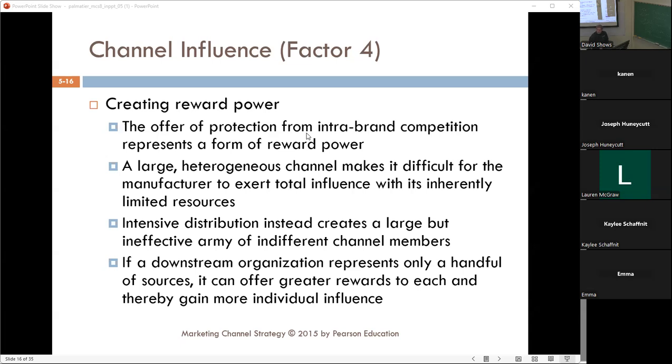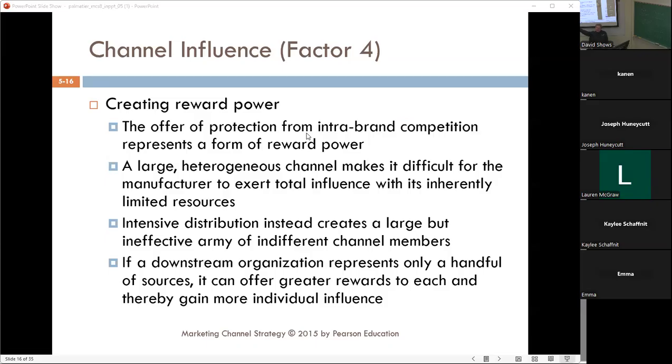One of the rewards for a particular group might be that I say, okay, I'm willing to select you as a vendor. But it's a big reward, and it also allows the manufacturer to have much greater influence.